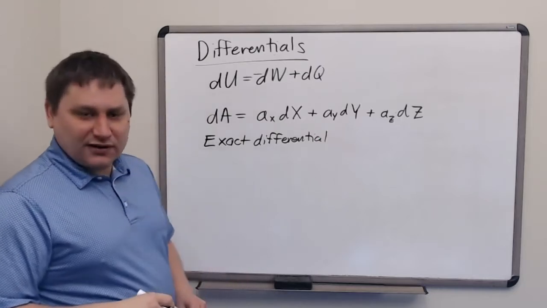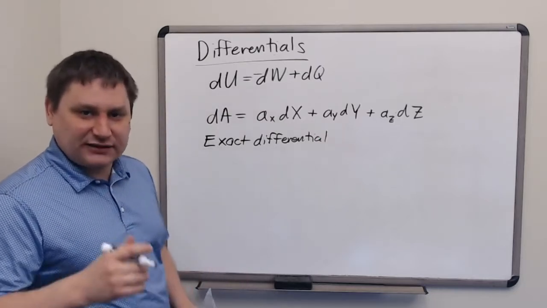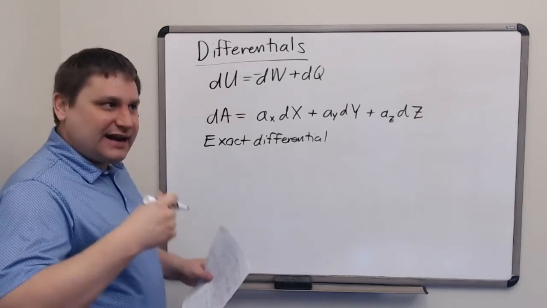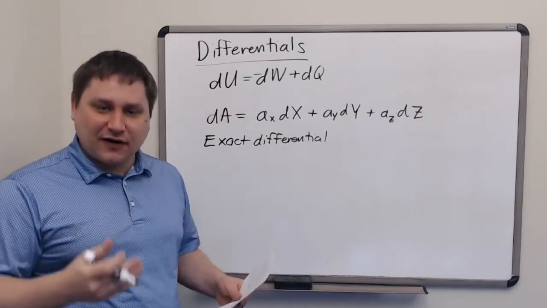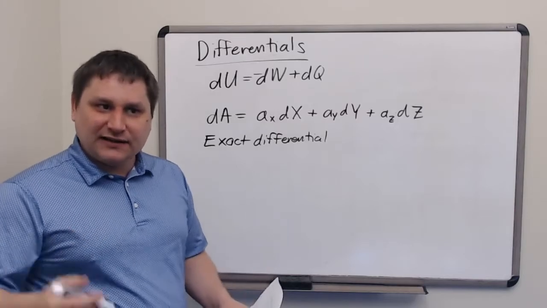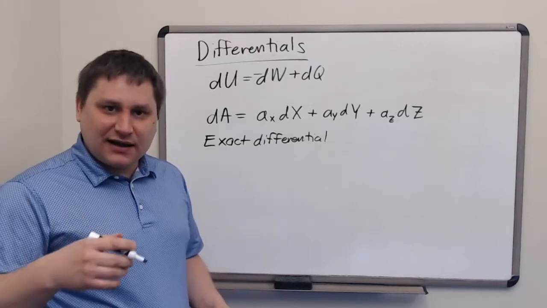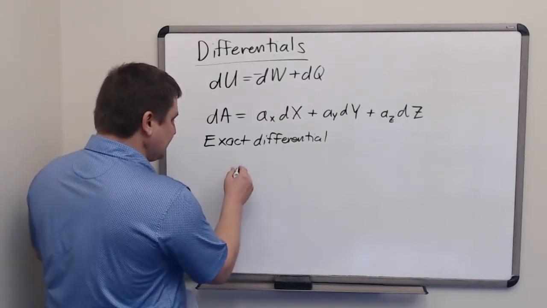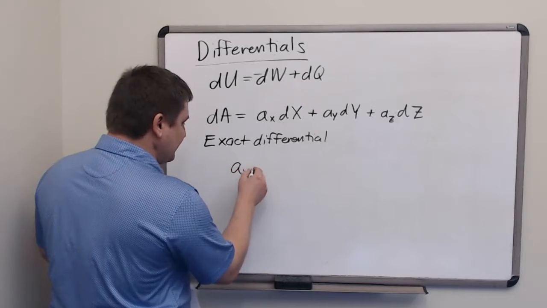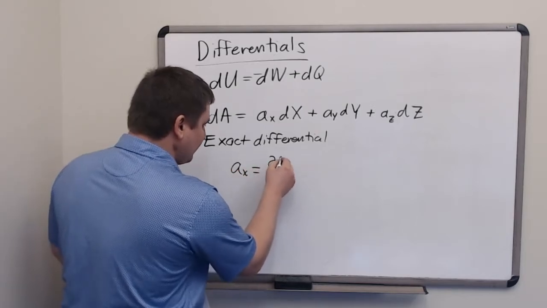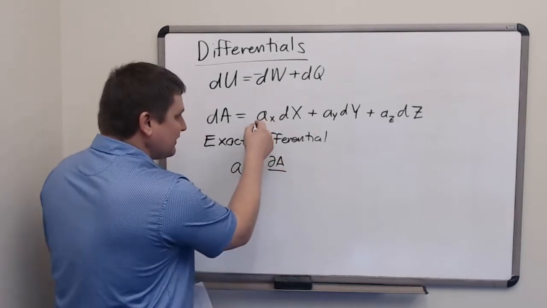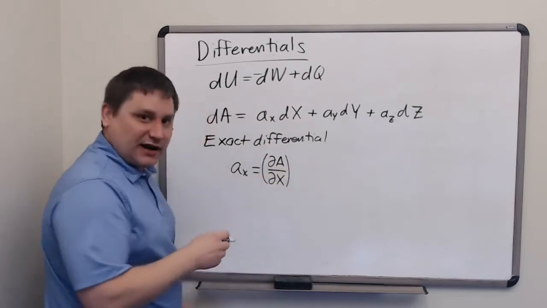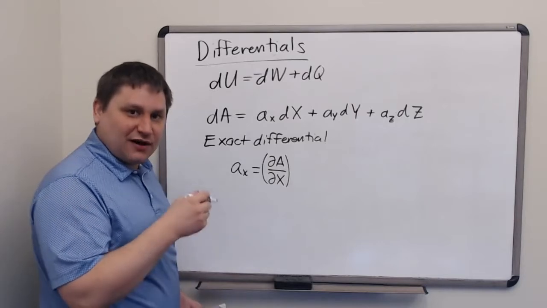There is an important class of differentials that are called exact. And an exact differential is one that, in essence, has an underlying function or an underlying quantity that represents its value that's changing. The necessary and sufficient condition for a differential to be exact is that these coefficients, the lowercase a's, must be possible to write as partial derivatives of that function.